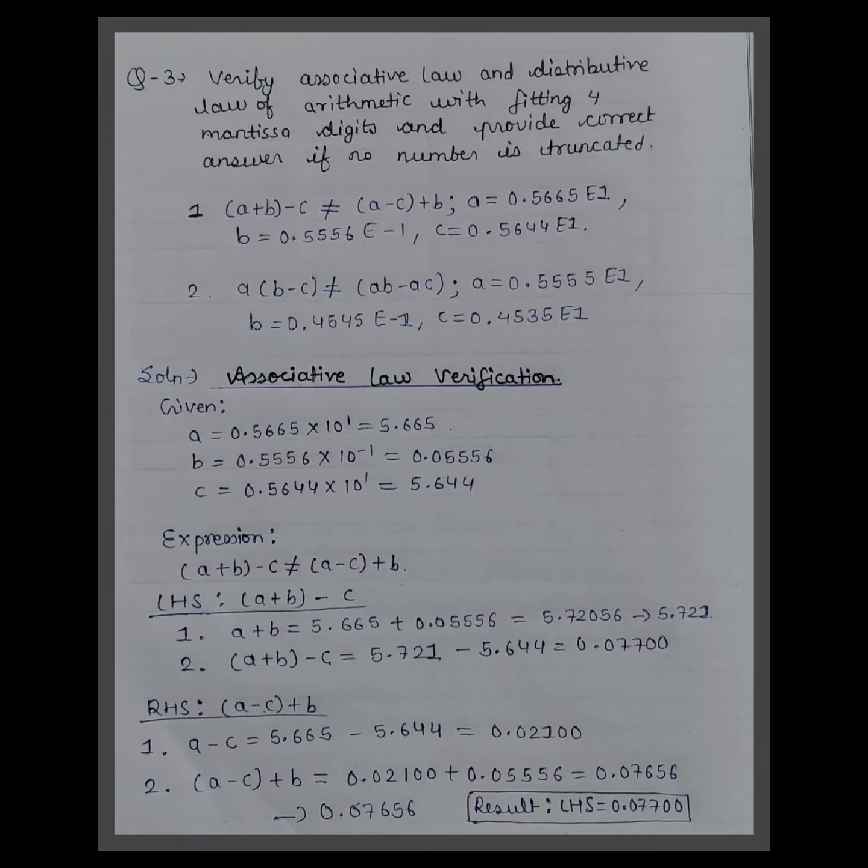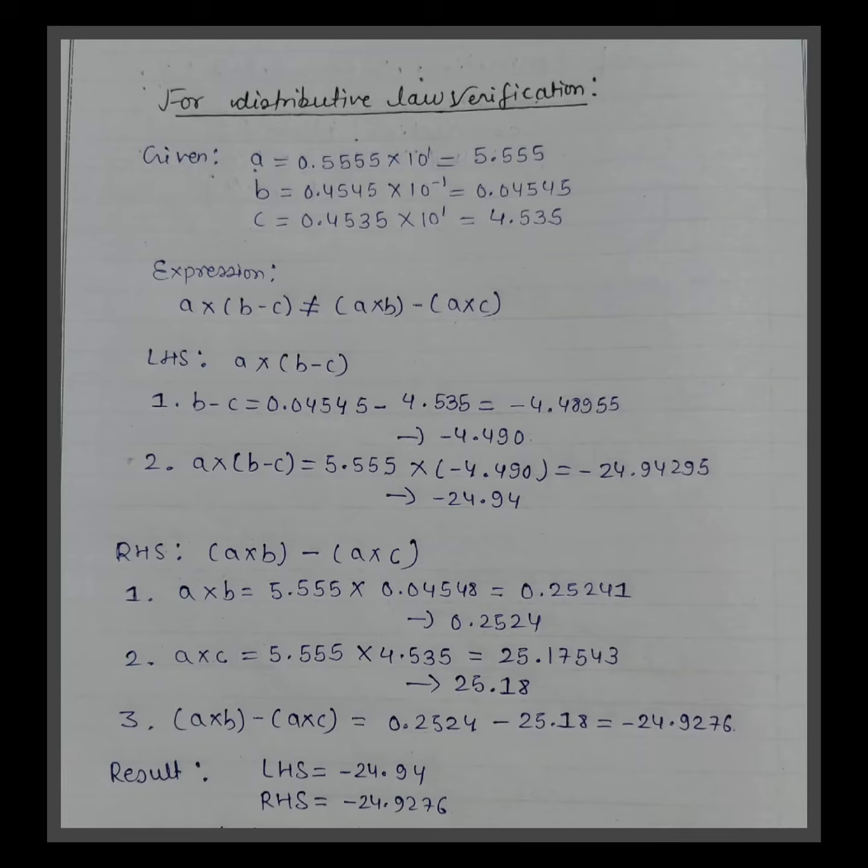For distributive law verification, we have given values a, b and c, and we have to compute the values in the expressions. For the first expression, LHS equals a times (b minus c). First, b minus c equals 0.04545 minus 4.535 equals minus 4.48955.